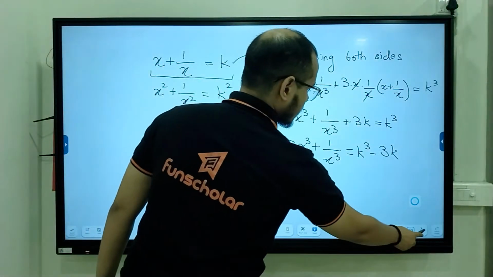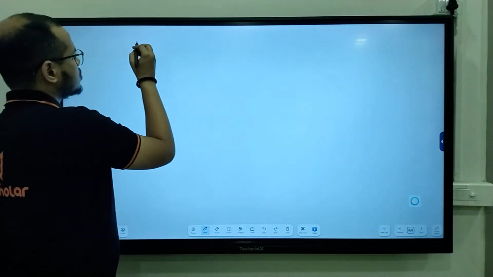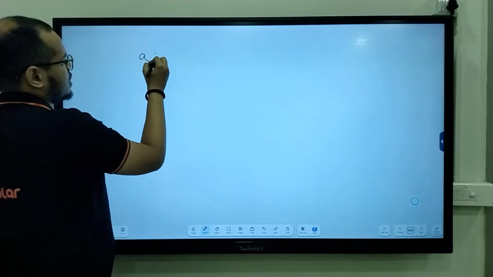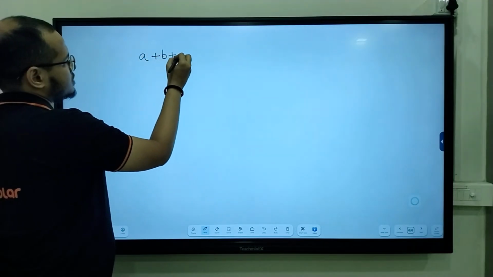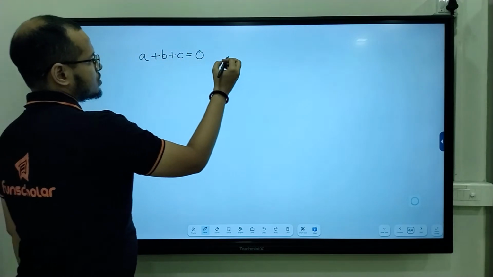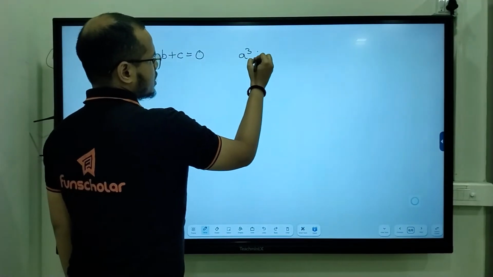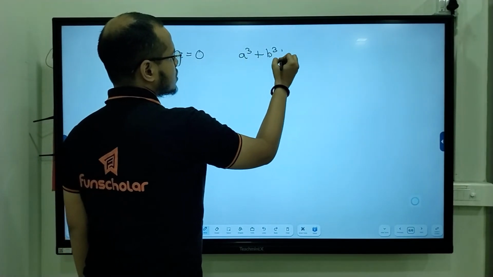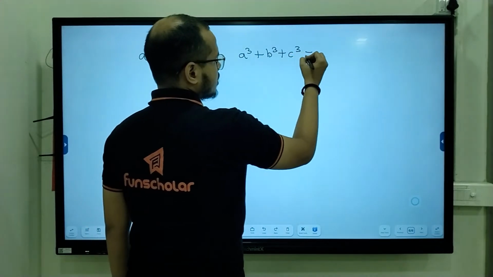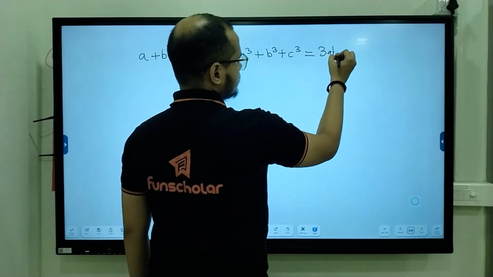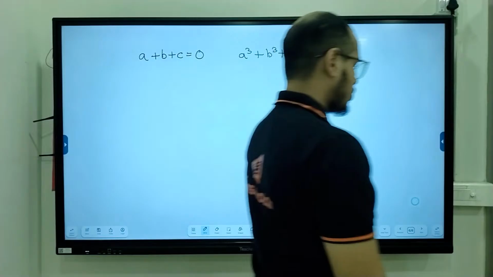So a plus b plus c is equal to 0. We have to find out that a cube plus b cube plus c cube will give us 3abc.